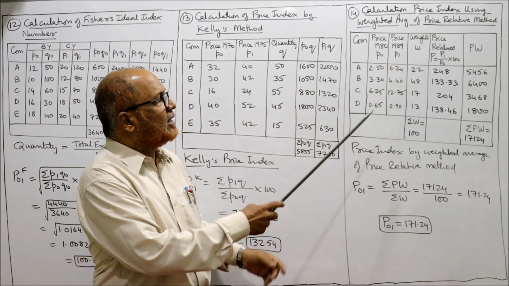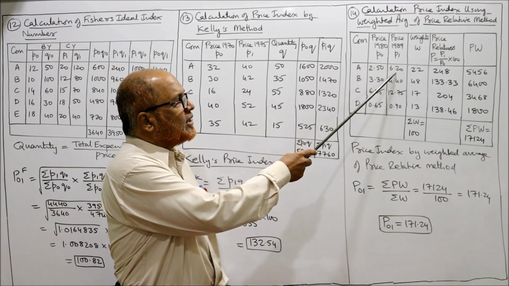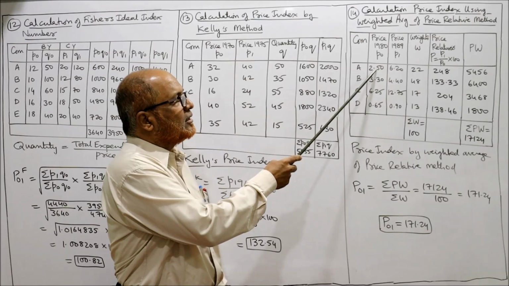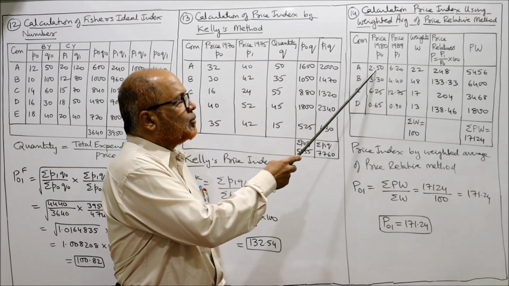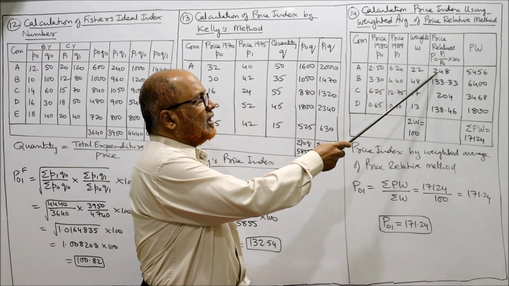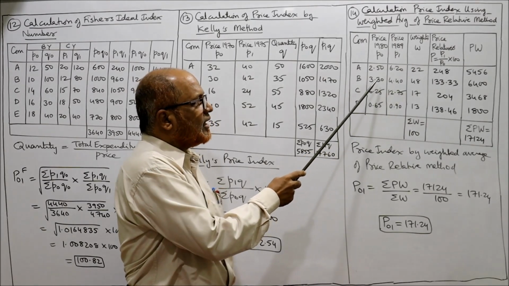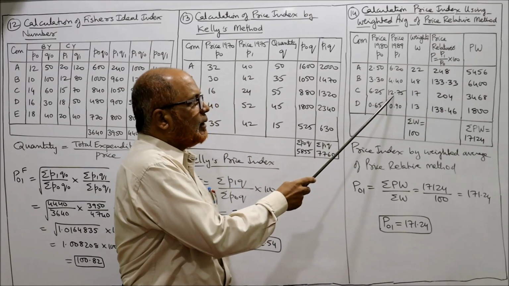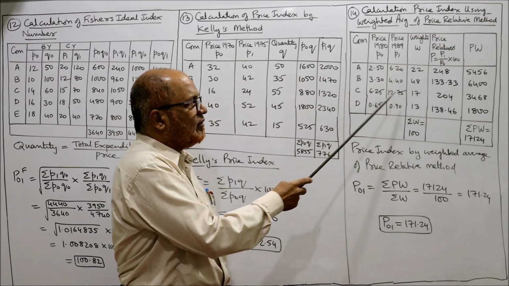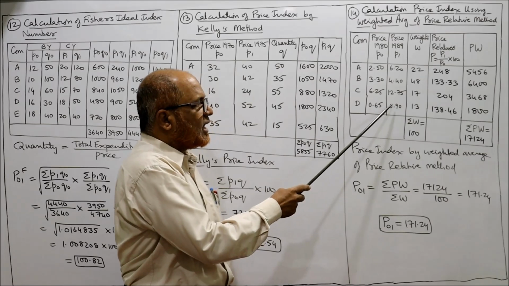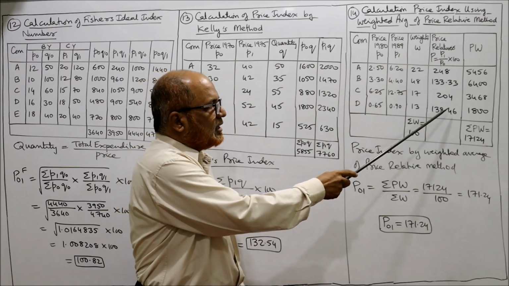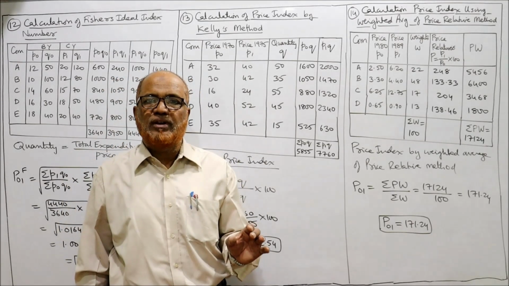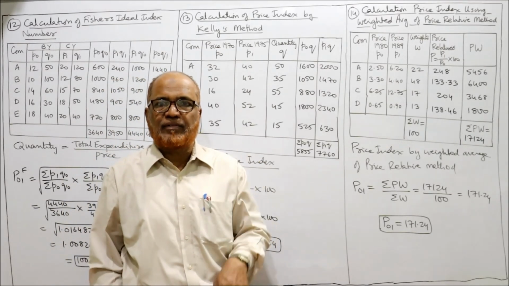So first commodity के लिए what is the P1 value? 6.20. 6.20 divided by 2.50 into 100. 6.2 divided by 2.5 into 100, you will get 248. 4.4 divided by 3.3 into 100, 133.33. 12.75 divided by 6.25 into 100, 204. 0.9 divided by 0.65 into 100, 138.46. These are the price relatives we have calculated.